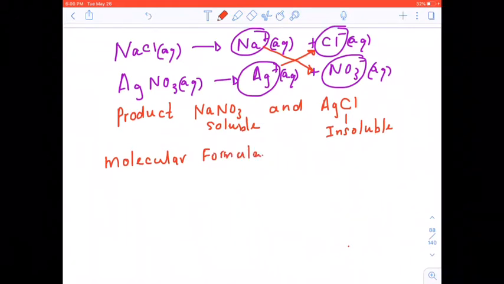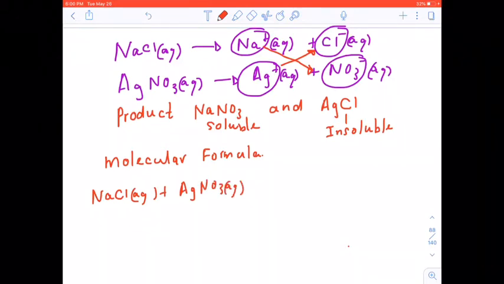If we now write a molecular equation for this, we would say NaCl aqueous plus AgNO3 aqueous. When they react, what do we get?